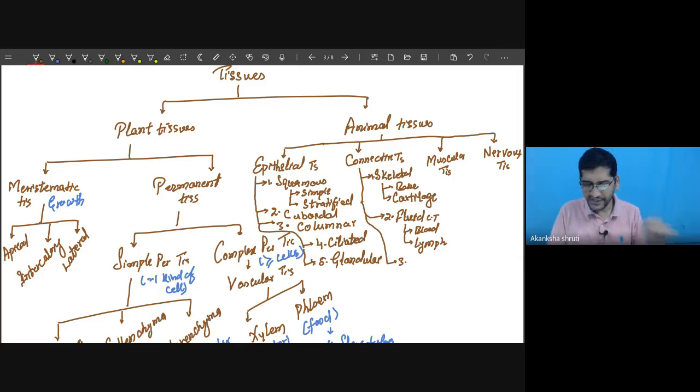The third category that we have to learn in connective tissue is areolar tissue and adipose. Areolar. Consider how a bone is attached with a muscle. There is a lubricant-like thing which is able to bind bone with muscle.